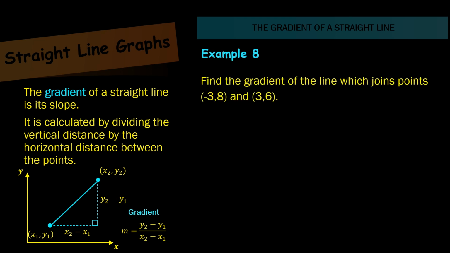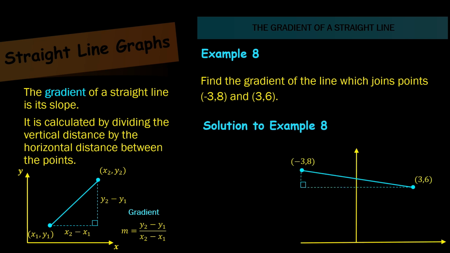Find the gradient of the line which joins the points (-3, 8) and (3, 6). We can draw a sketch of this just to give us an idea of what is happening if we need some clarity.